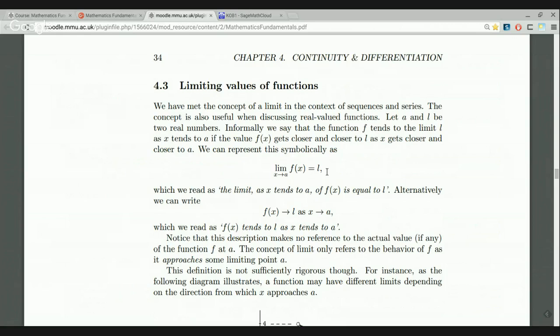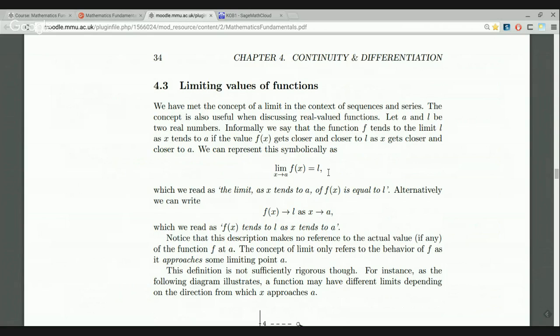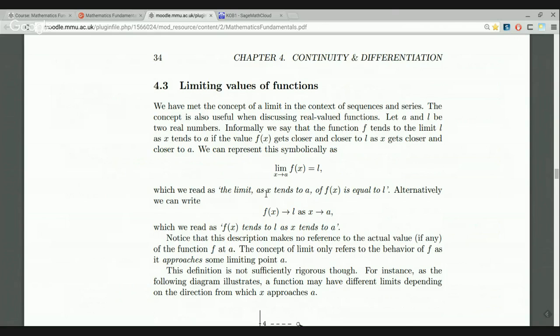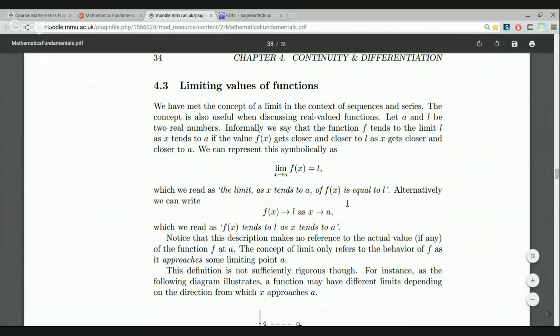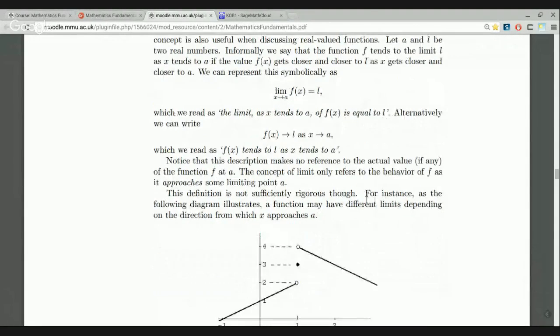And if we write that the limit as x tends to a of f of x equals L, what we mean is that as the argument x gets closer and closer to the value a, the values of the function f of x are getting closer and closer to the limiting value L. That's described in vague terms at the moment, but it gets across the right idea.